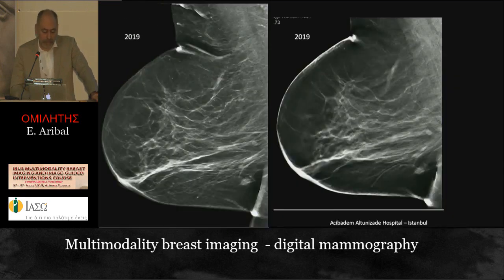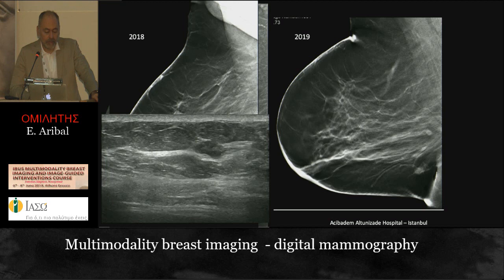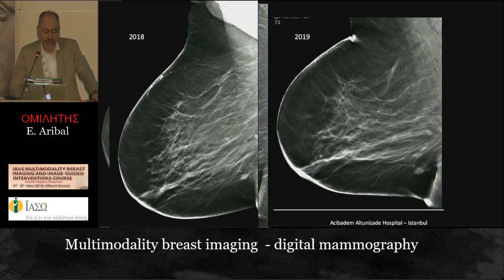So this was in 2019, the lesion showed spiculated margins here on tomosynthesis images. Compared to 2018, it's getting larger. So it's a developing lesion.